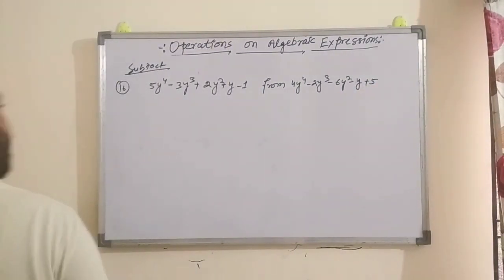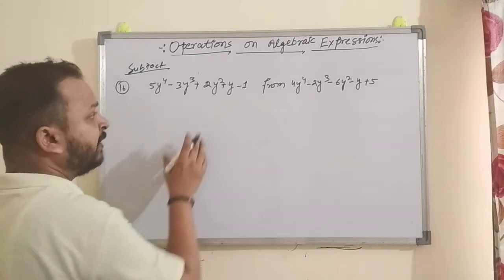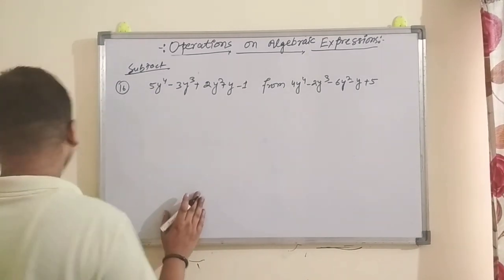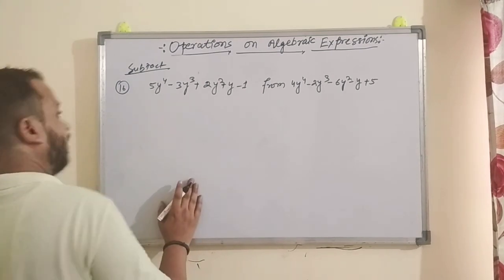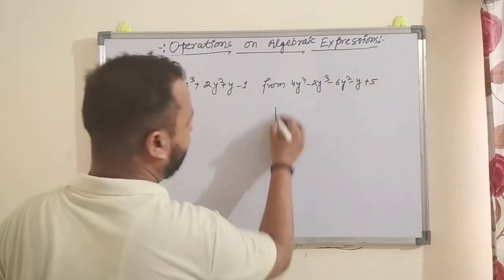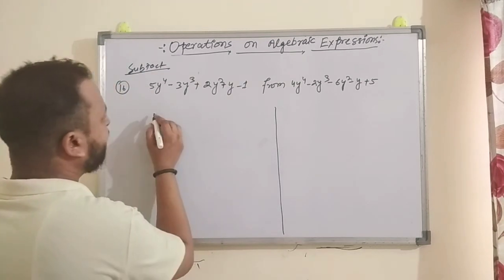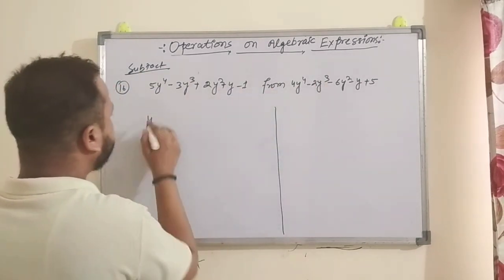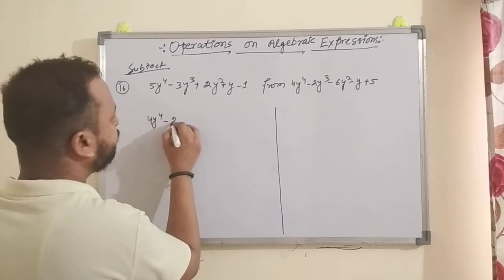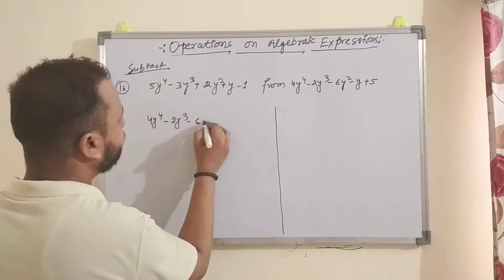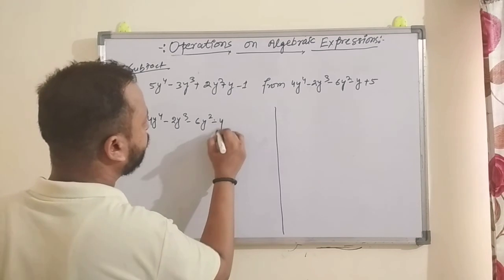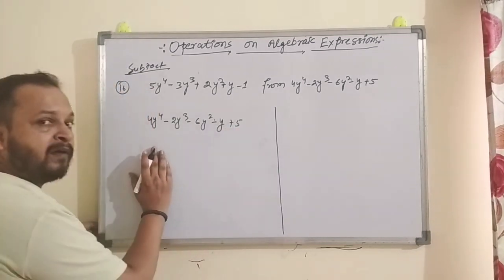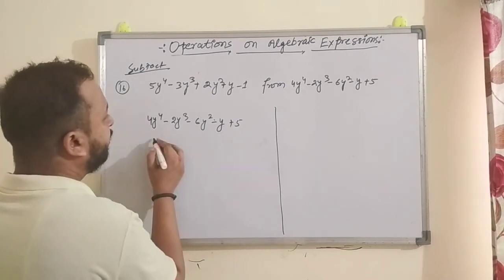So there are two methods for doing this. One which is given in the book, right? So I'm going to discuss two methods. First method is just simply this has to be subtracted from this. So 4y power 4 minus 2y cube minus 6y square minus y plus 5. Write all the terms of the same power below each term.